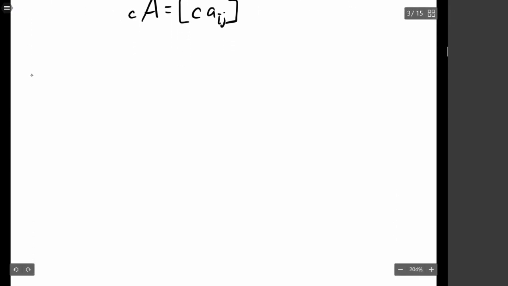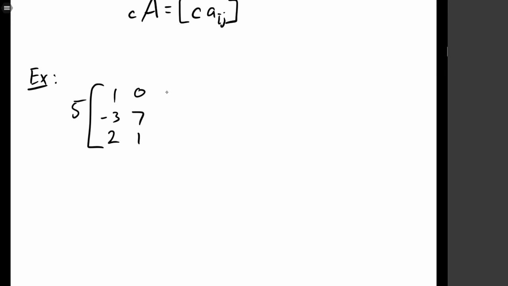So, as an example here, let's say we have 5 times the matrix 1, negative 3, 2, 0, 7, 1, negative 4, 0, 0. How would we compute this?